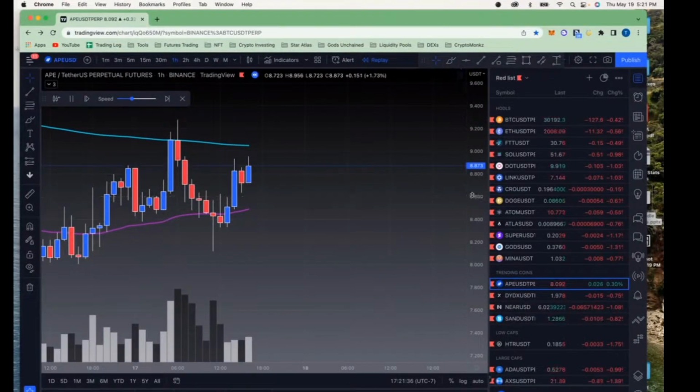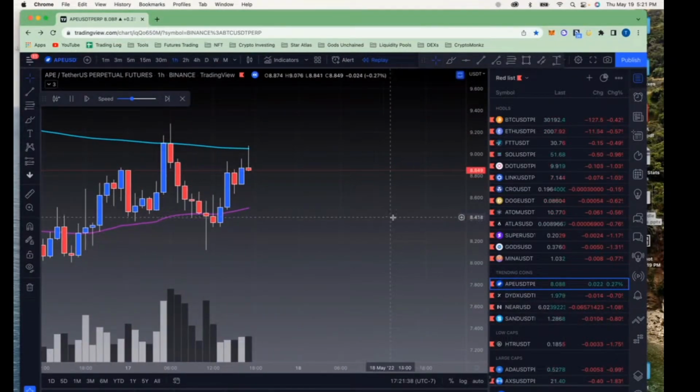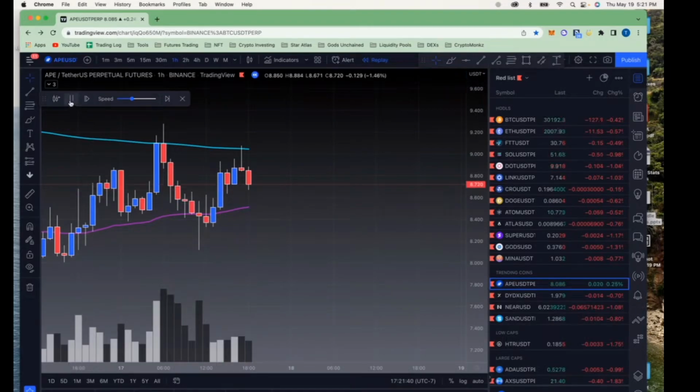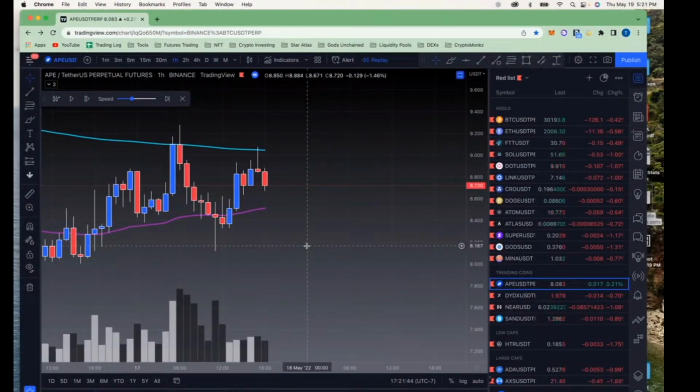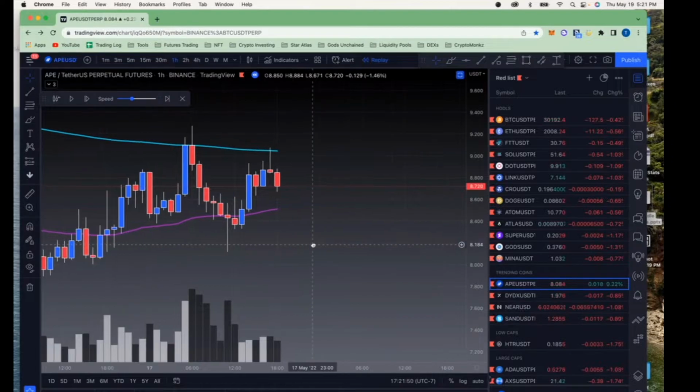Does it matter if a hammer pattern is green or red? Does that affect the validity of the indicator in any way? That's a good question. For me, this looks like a hammer because everyone is trying to push that price down, down, down, and then they couldn't, even though it finishes in the red for that candle.